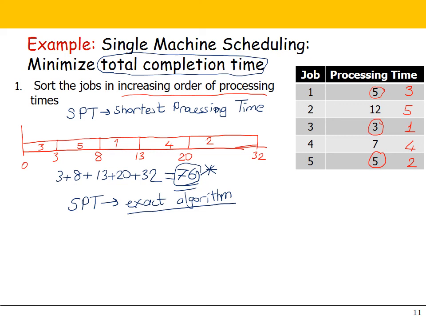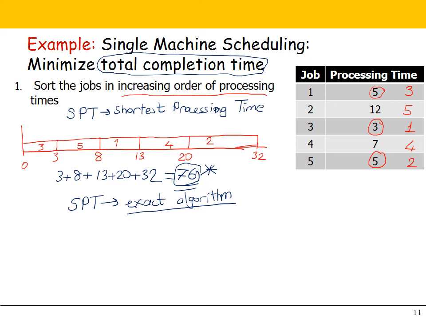And as I told you in the previous lecture about polynomial time algorithms, if an algorithm finds the solution in polynomial time with respect to the problem size, then that exact algorithm is a polynomial time algorithm for that problem, and it's very important to come up with such an algorithm.